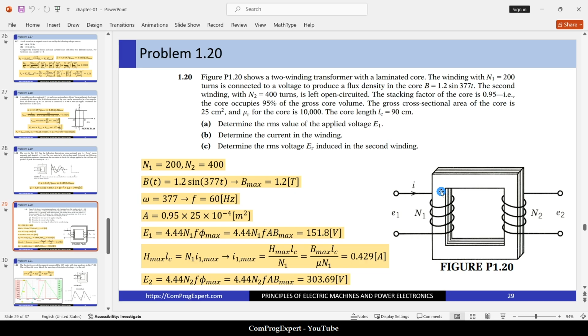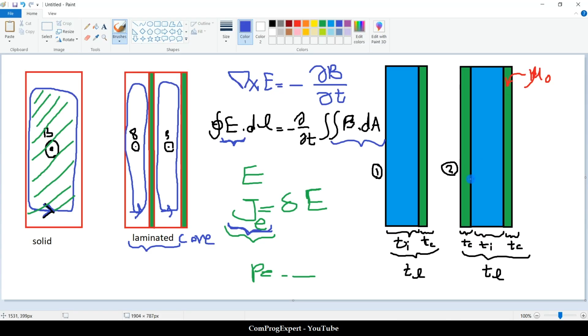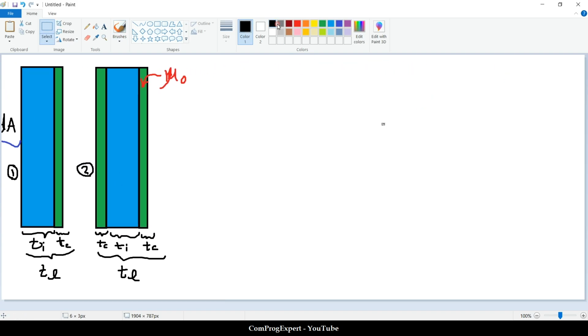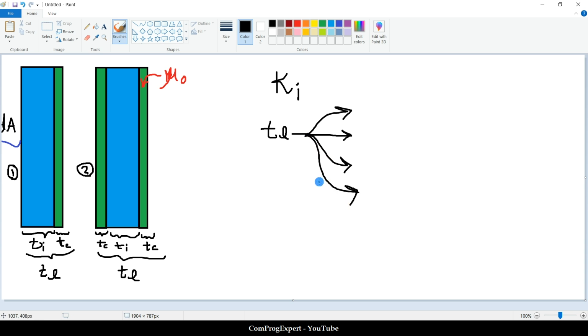Okay. So in this problem, the value of the stacking factor is given, that is equal to 0.95. And here we have this number, the iron insulation ratio, Ki. What is the lamination thickness for practical electric steel sheets that we use for manufacturing of transformers or electric machines?